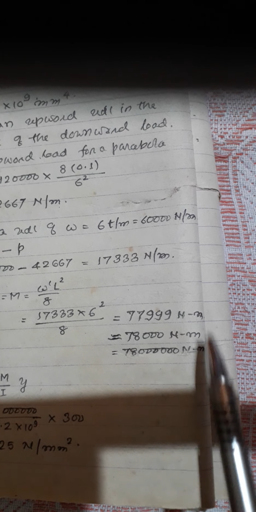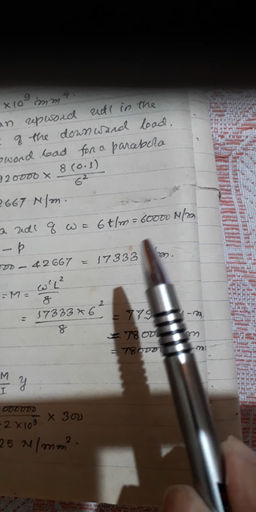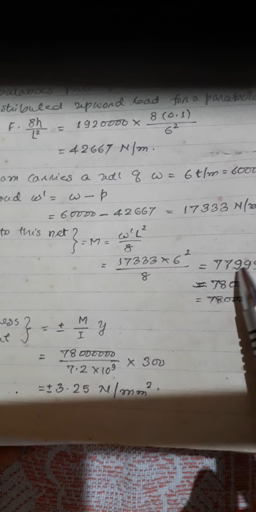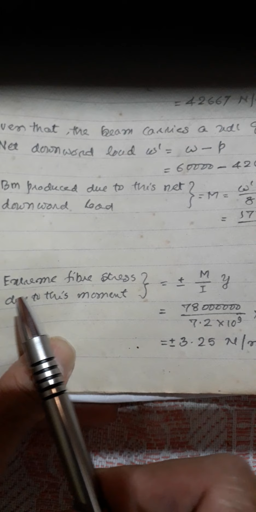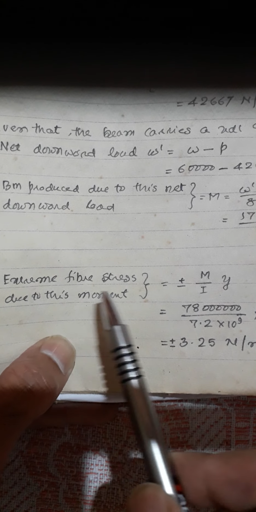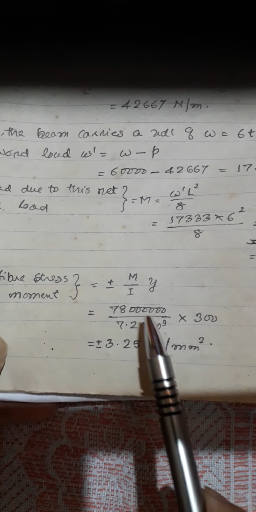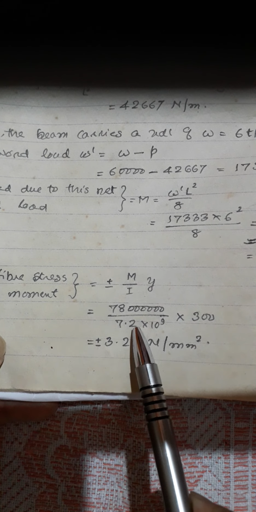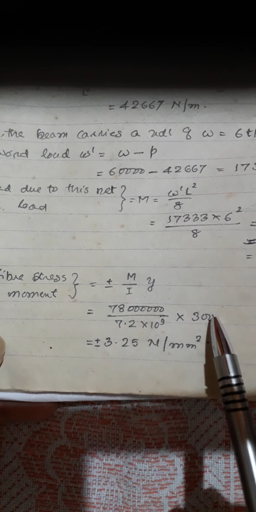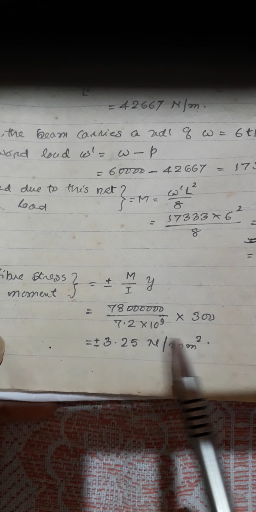This is the bending moment produced due to this unbalanced load. So I can easily find out how much is the extreme fiber stress due to this moment. It is MY by I. M I know, I I know. Y is 300. So it is 3.25 Newton per mm square.